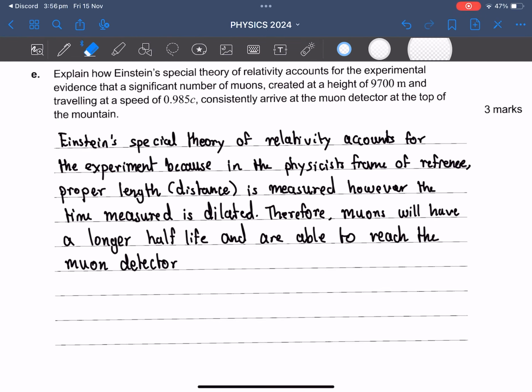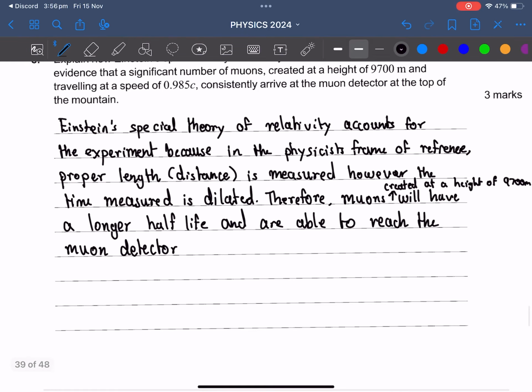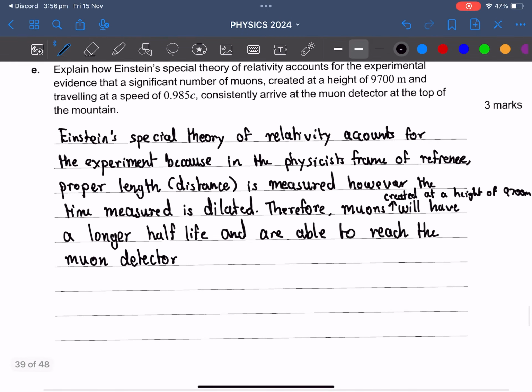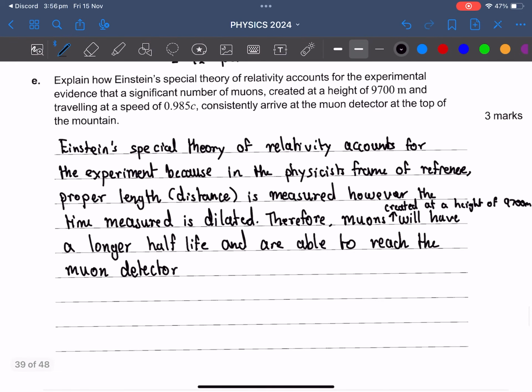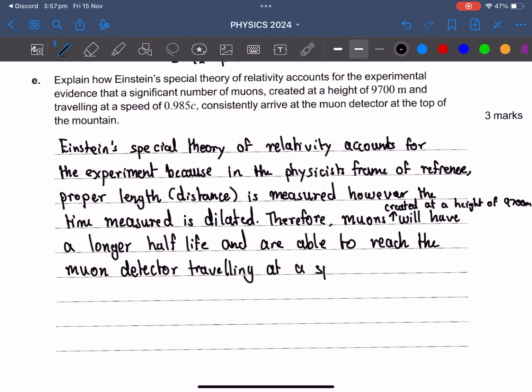Maybe to make it a bit more related to the context, what I'm gonna do: muons created at a height of 9700 meters will have a longer half-life and are able to reach the muon detector traveling at a speed of 0.985 c.